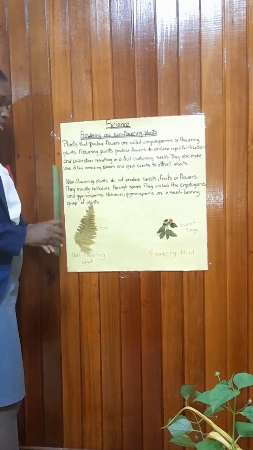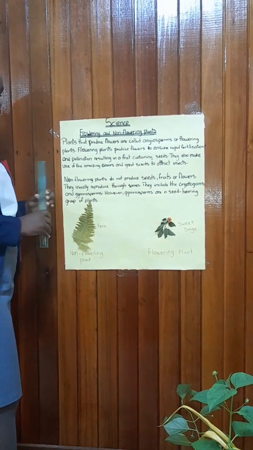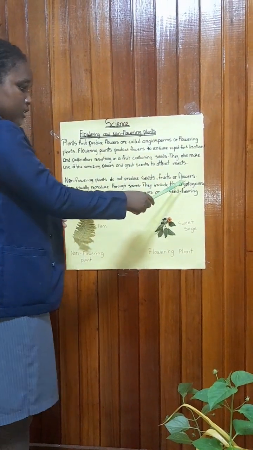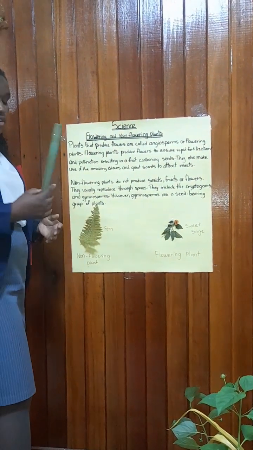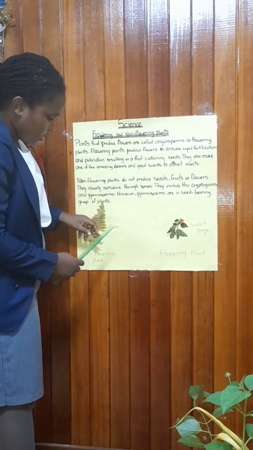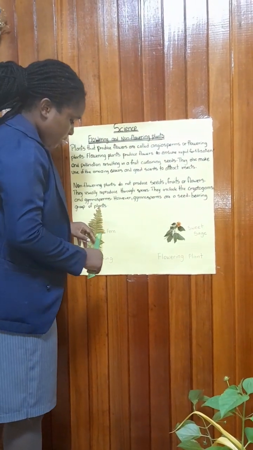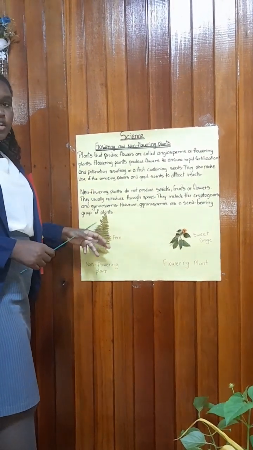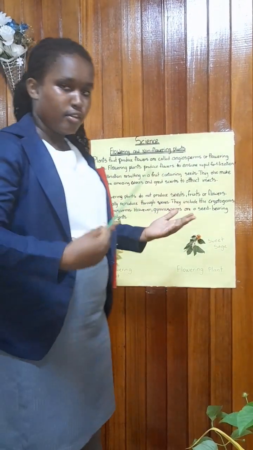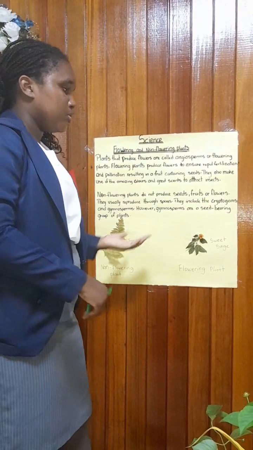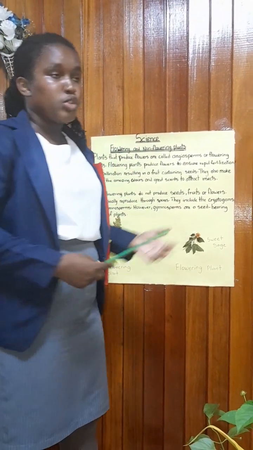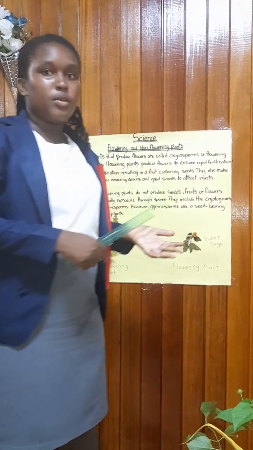Also, non-flowering plants, since they don't have seeds, fruits, or flowers, reproduce through spores. So at the back of these plants, if you turn the leaf, you're going to find some little spotty things on it. That is what you call the spores, and that is how non-flowering plants reproduce, as opposed to how flowering plants reproduce. So now we'll go more in depth, but with you.